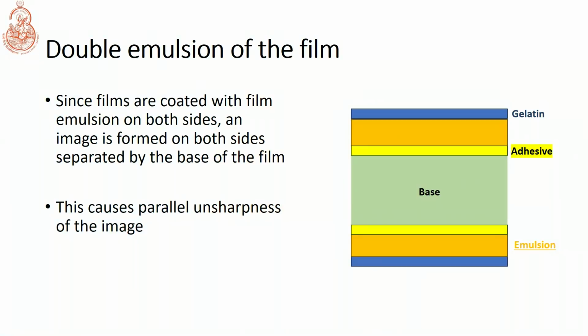These two images formed on both the sides of the emulsions are going to cause an unsharpness of the image. But this parallel unsharpness would be very negligible, and may not usually affect the detail of the radiograph in a larger volume.